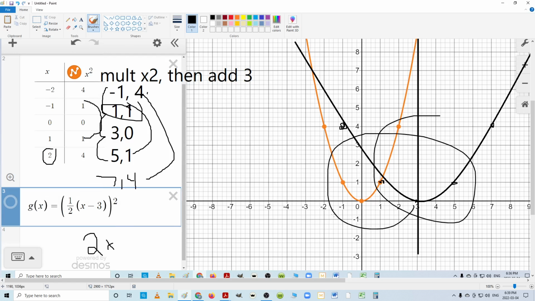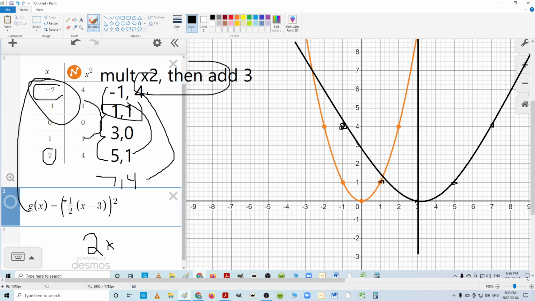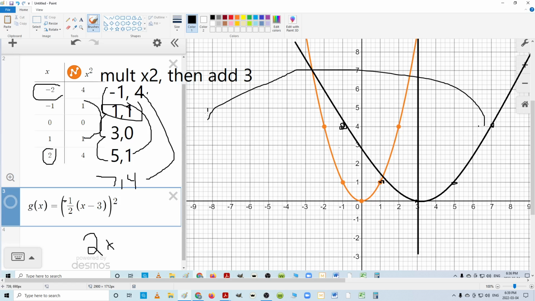Fantastic. Now, what happens if there's a minus here? Uh-oh. That means I would have had to multiply them not by plus 2, but minus 2, which means all of them would have changed, and I can't do the same addition because it would have added differently. Well, we're going to discover that it creates a reflection in the axis, so all these points will go over here.